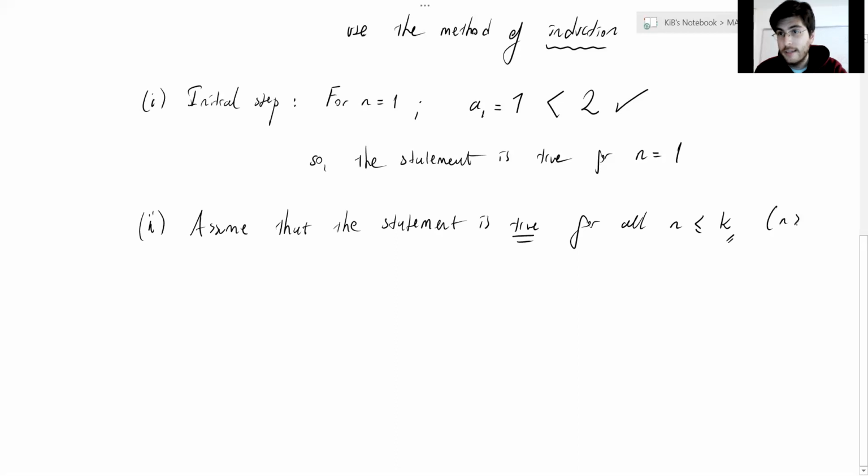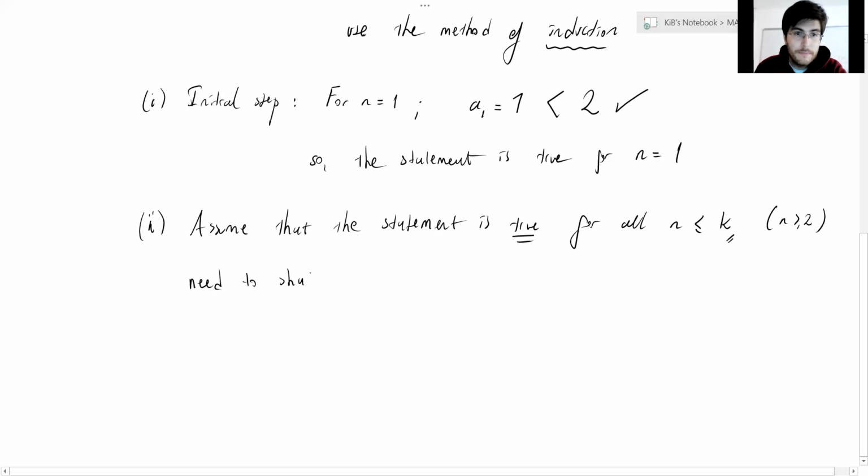We already showed it for n equal to 1. Now with this assumption in hand, we need to show that it is true for the next step, n equals k plus 1. This is our aim.